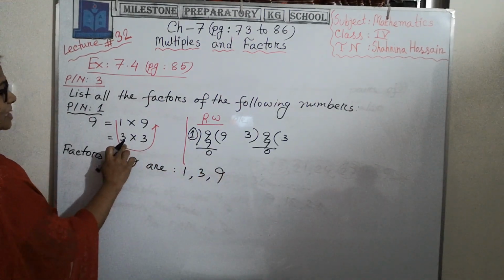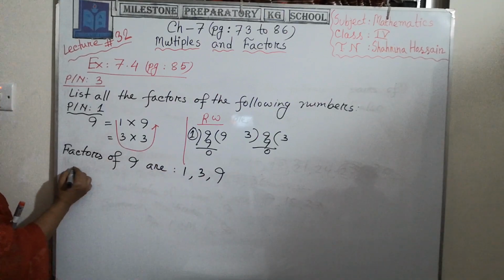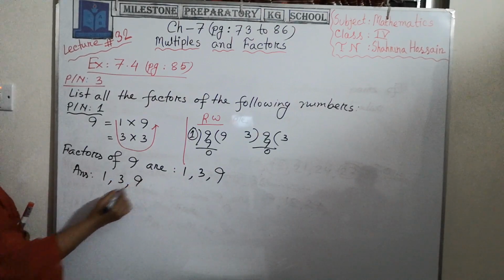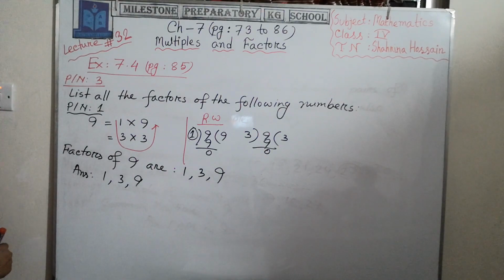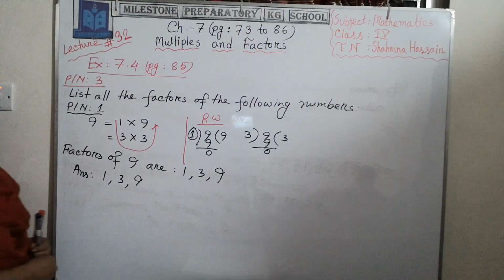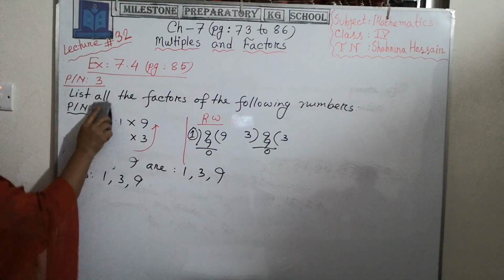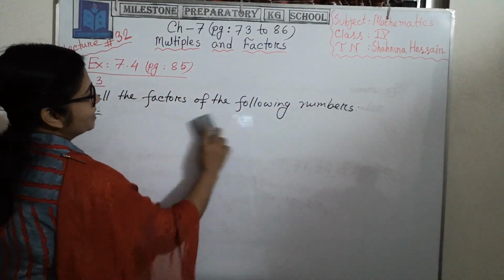There is no 2, so we can take 1. So the answer is 1, 3 and 9. All are the factors of 9. Now the second math, same thing but another number.